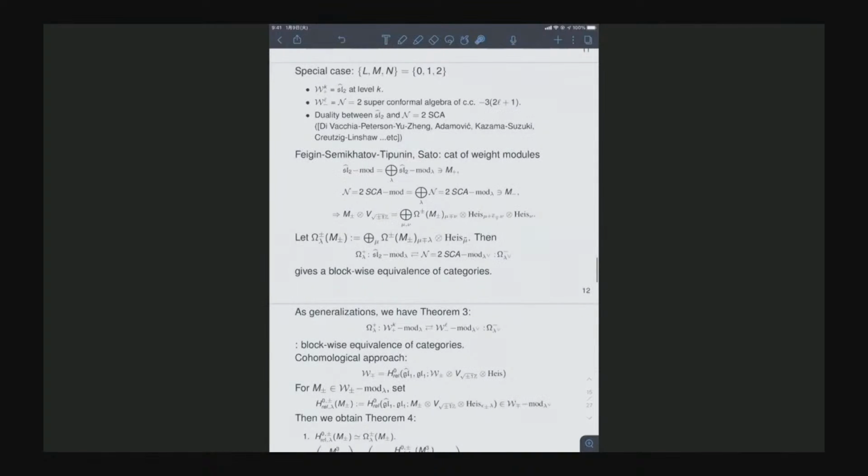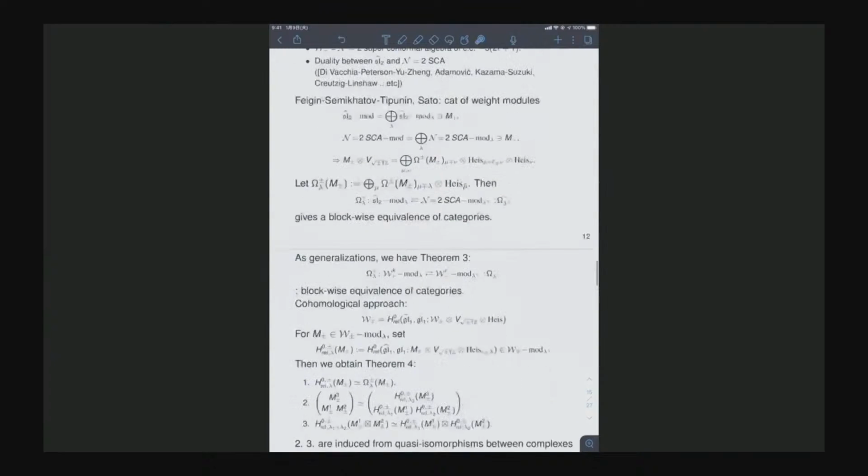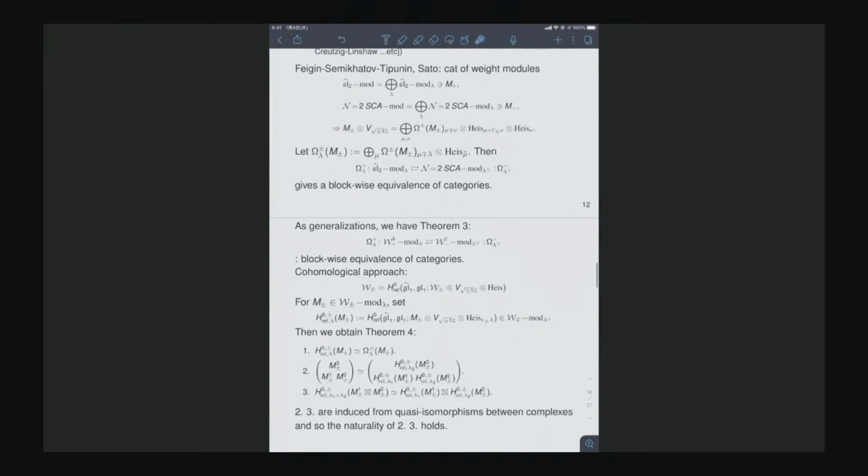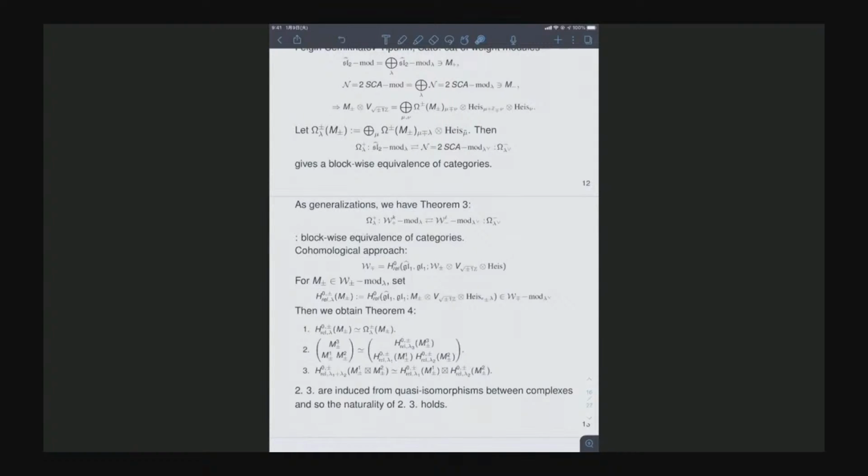And our theorem is just a generalization of this result to subregular W-algebra and principal W-superalgebra. And we can prove similarly blockwise equivalence. But the important observation is this cohomological approach.